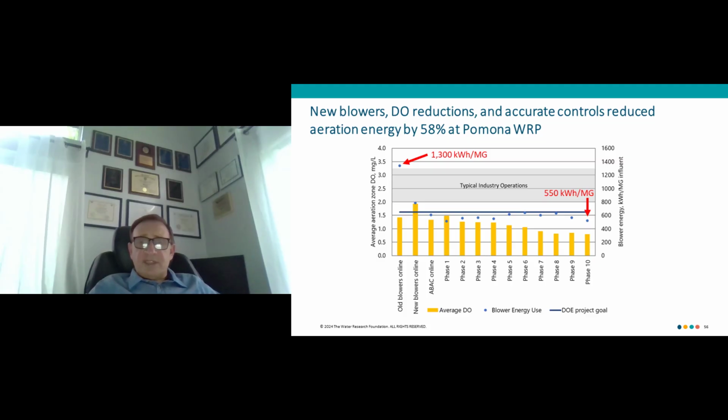Of course, it's a combination of airflow control with the new diffusers and the blower. But altogether, we achieved about 50% savings of energy while maintaining all the compliance with all the permit requirements.